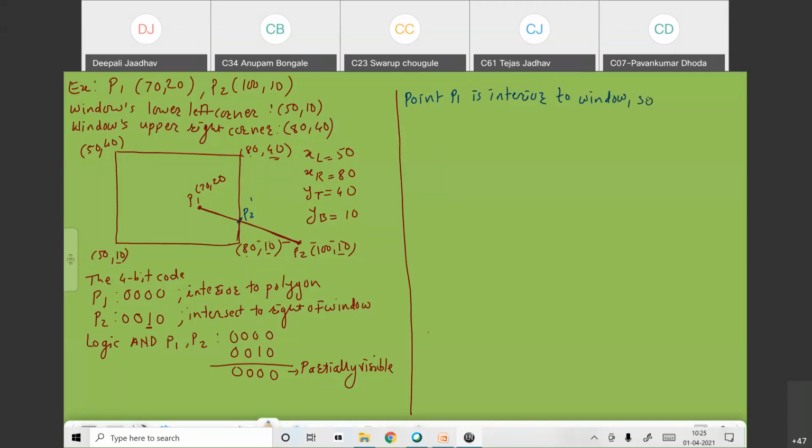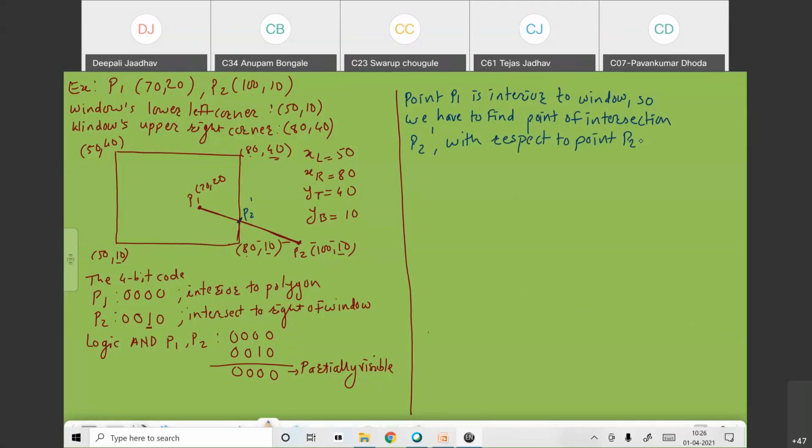So we have to find the point of intersection, I call it P2 dash, with respect to point P2. Means we need to identify this intersection.